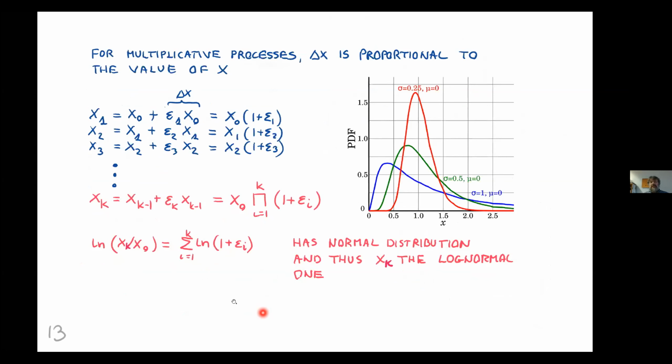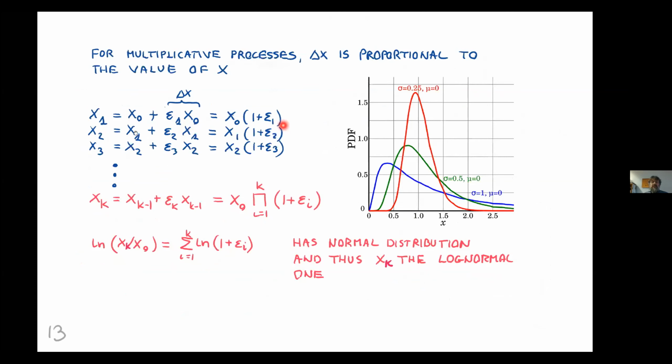Assume that delta x is proportional to the value of x. It's not independent, but it's proportional. And x1 is x0 plus epsilon 1 times x0. Right? I put x0 in front. I have x0 times bracket 1 plus epsilon 1.